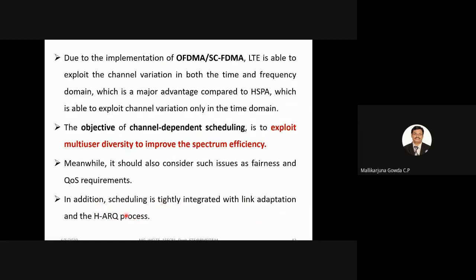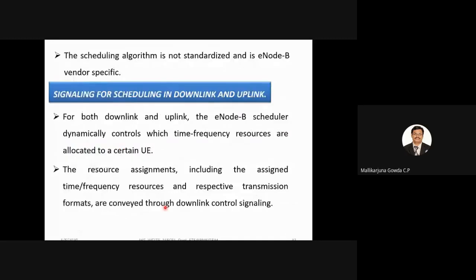So I think this hybrid ARQ process already have discussed that. And this scheduling algorithm is not standardized, and it is eNode B vendor specific. So each eNode B vendor can decide its own scheduling algorithms.